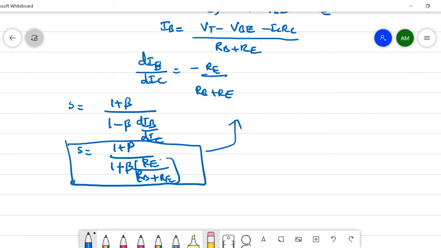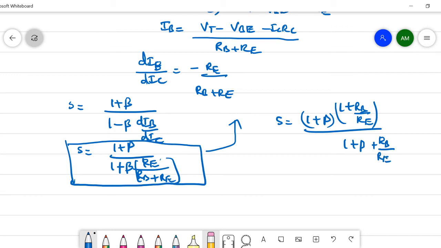So again you write down this equation like this: S is equal to (1 plus beta) into (1 plus RB by RE) by (1 plus beta plus RB by RE). A small derivation by using this equation: S is equal to (1 plus beta)(1 plus RB by RE) by (1 plus beta plus RB by RE).